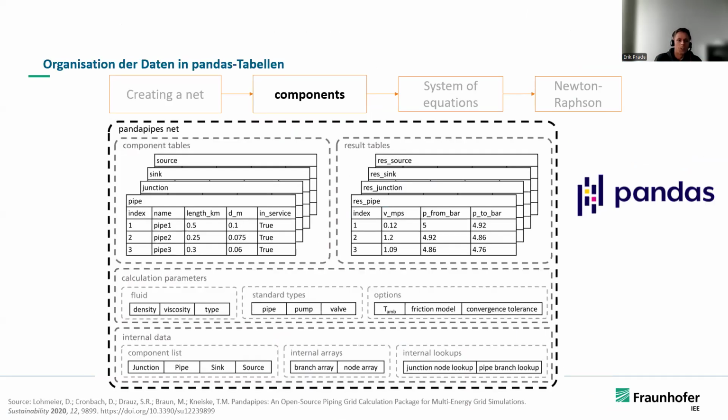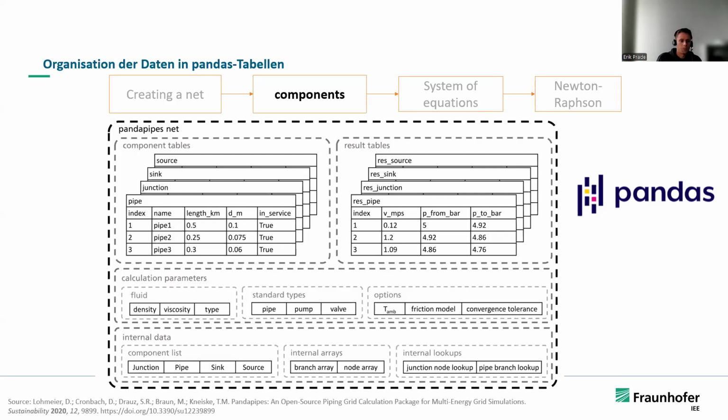So how do these components get represented in our model? In our framework, the overlying object is a pandapipes net in which all other data is stored. It is made up of component tables: for each component, we have one pandas DataFrame, which is where the name comes from.